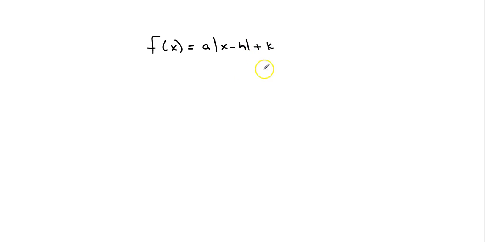And let's talk about a again. We did one thing with a yesterday. We said if a is equal to -1, then what does this tell me about what kind of transformation this is? Yeah, so this is going to be a reflection over the x-axis.